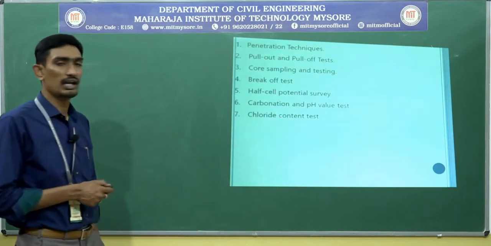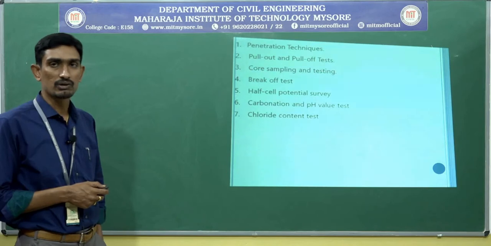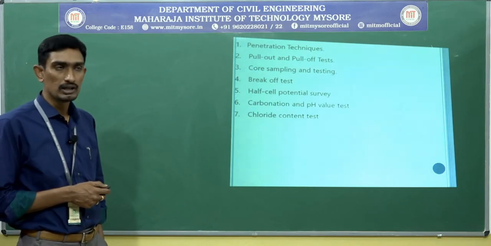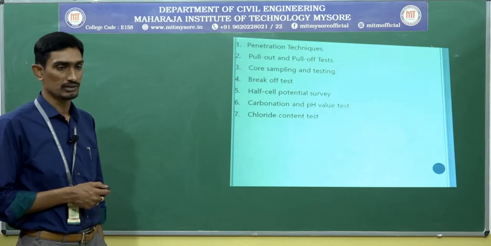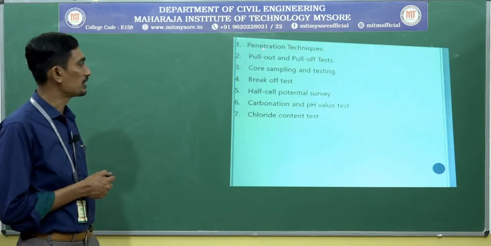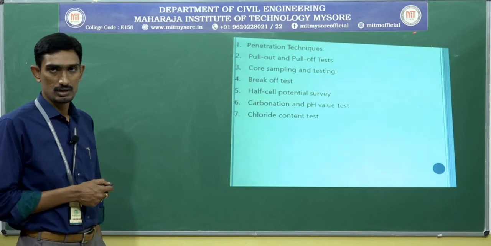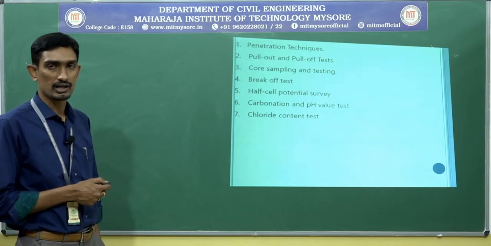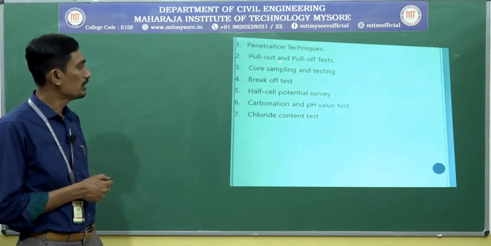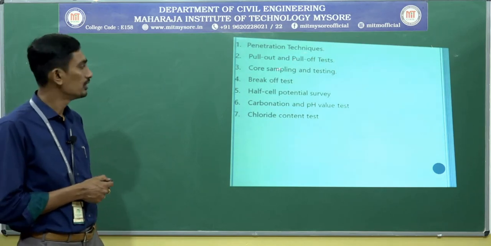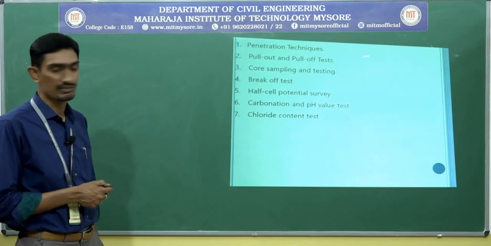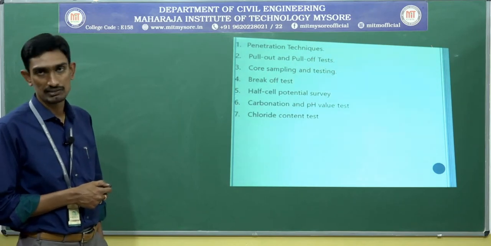These are the various semi-destructive testing techniques we can perform to assess strength, quality or performance. The first is the penetration test or penetration technique. Second, the pull-out and pull-off test. Third, core sampling and testing.